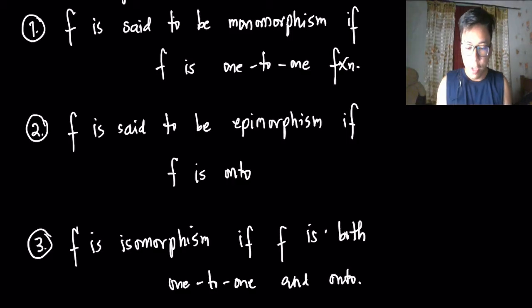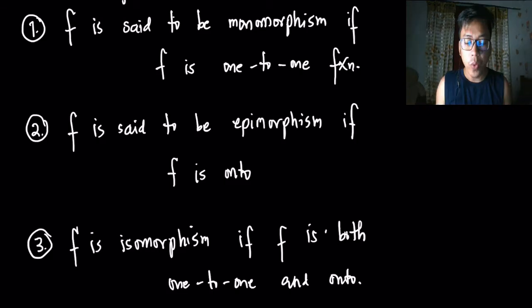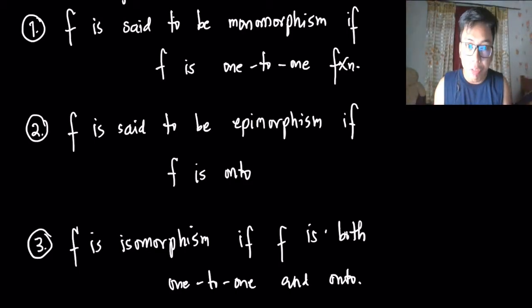Okay, that's it. So this is now the formal definition here. So again, you have a mapping F from V to W. Remember, in this case, this is a linear transformation F. And also take note that V and W are vector spaces. So number one, we call F a monomorphism if it is one-to-one.